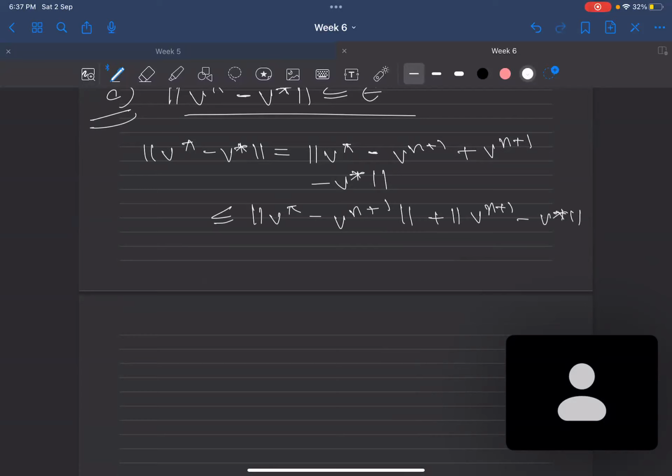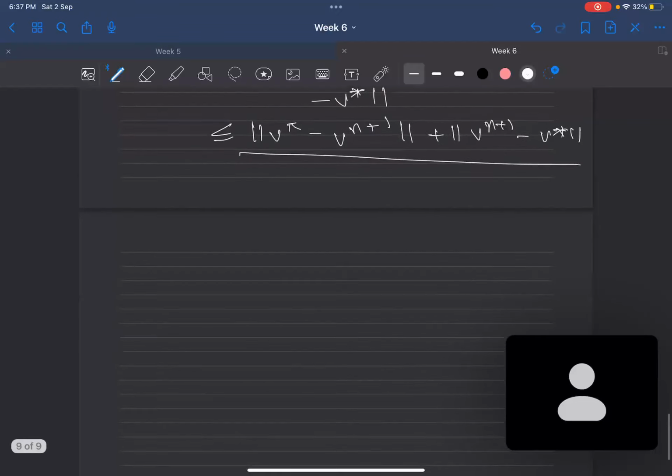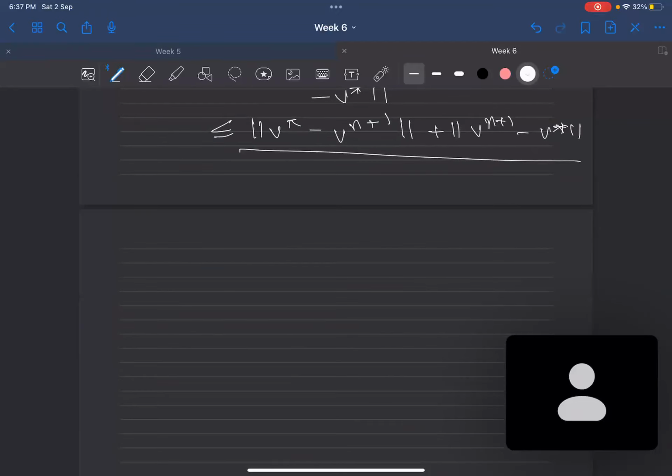Is it fine? So what is this? How did we come to this? Yes, the triangular inequality. I think I need not explain.